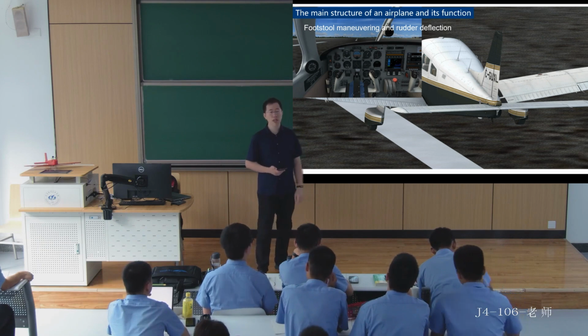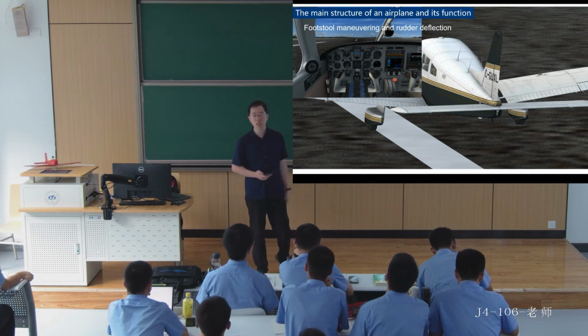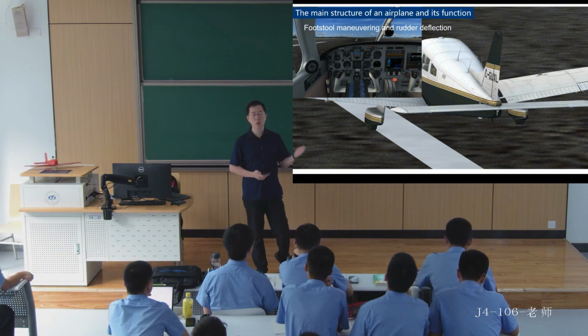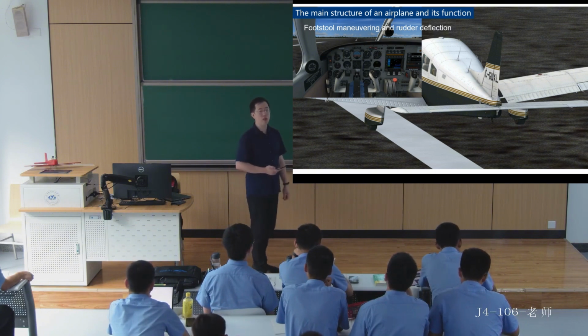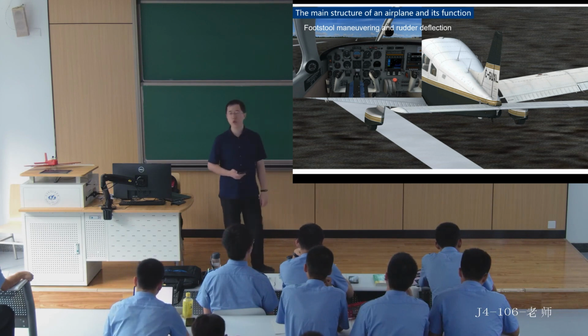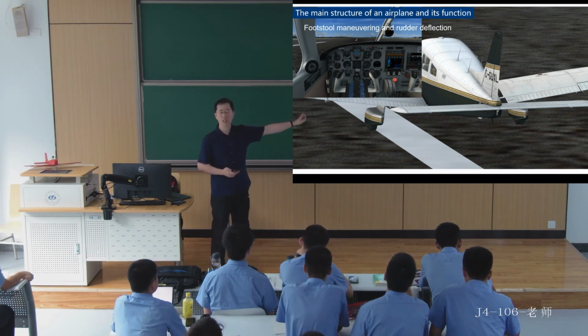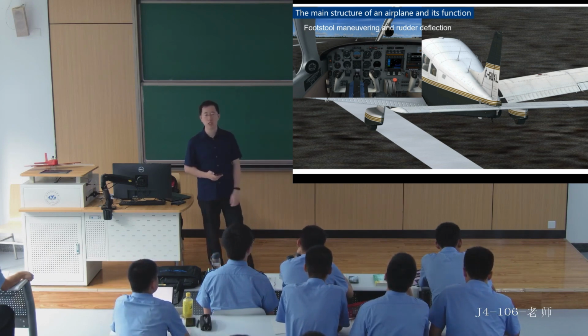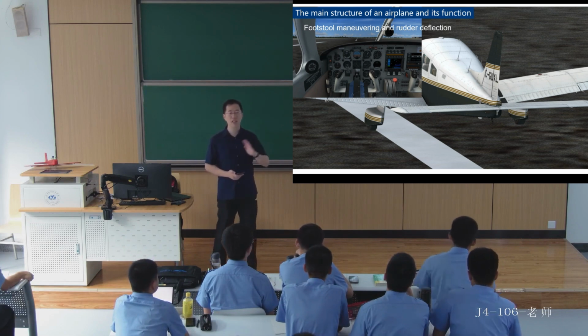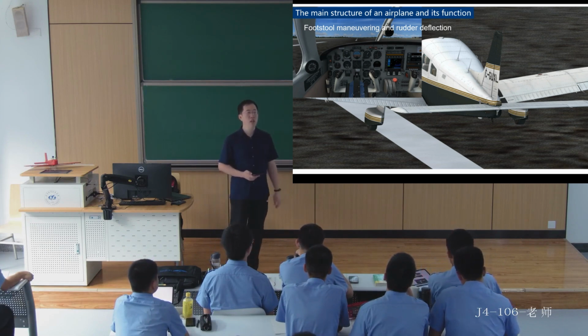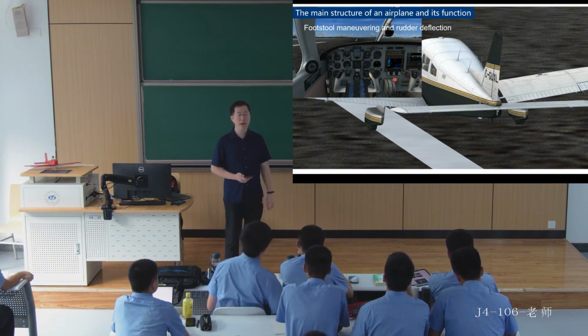Similarly, whichever side you press the foot pedal, the trailing edge of the rudder should move towards that side. Why does it deflect this way? We'll explain this in detail later when we discuss the aerodynamic principles. For now, I just want you to understand the relationship between the rudder and the control input. As for the direction, I hope you will remember it after we introduce the basic control dynamics knowledge later.